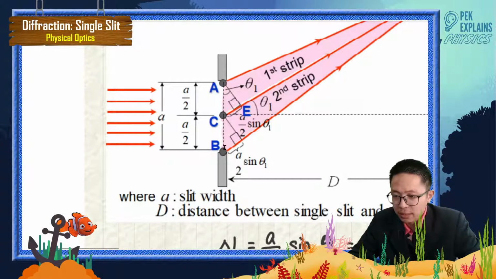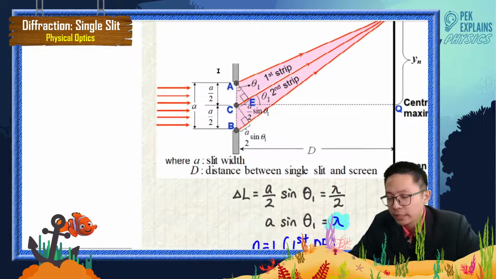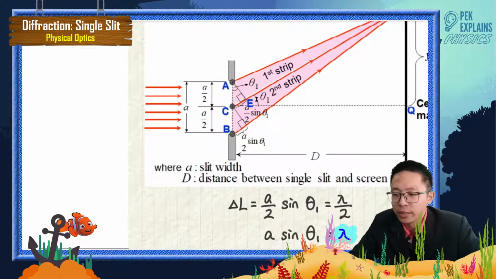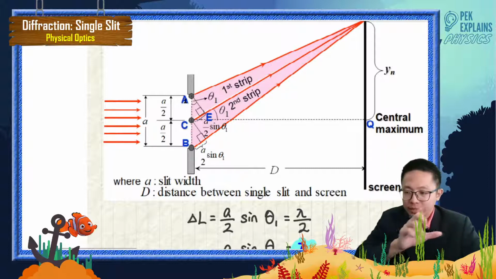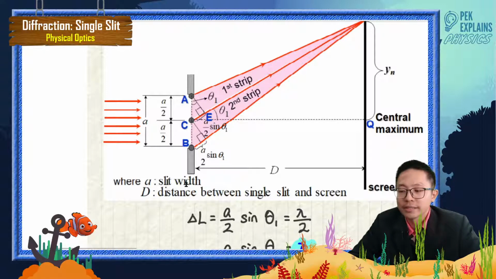Before we begin, you must identify what the terms and symbols involved are. Here we have symbol a. a is the size of the slit, how big the slit is. We call it the slit width.